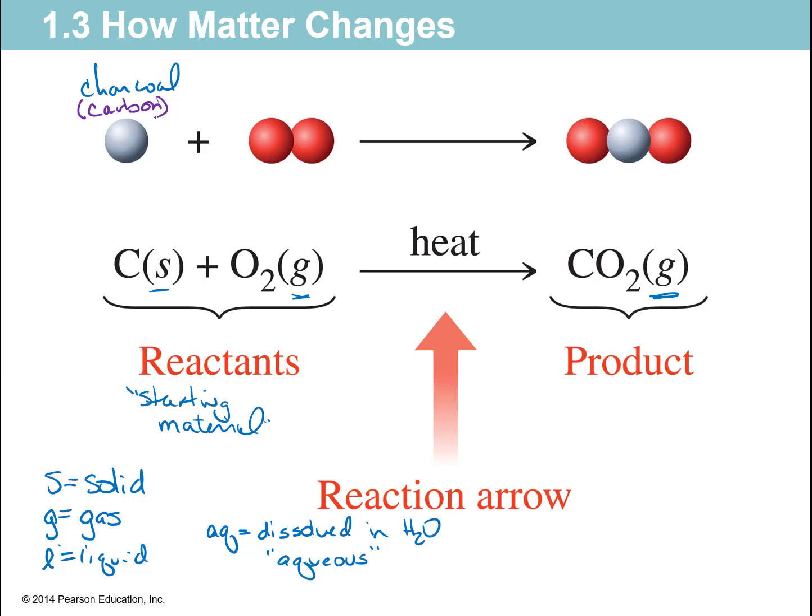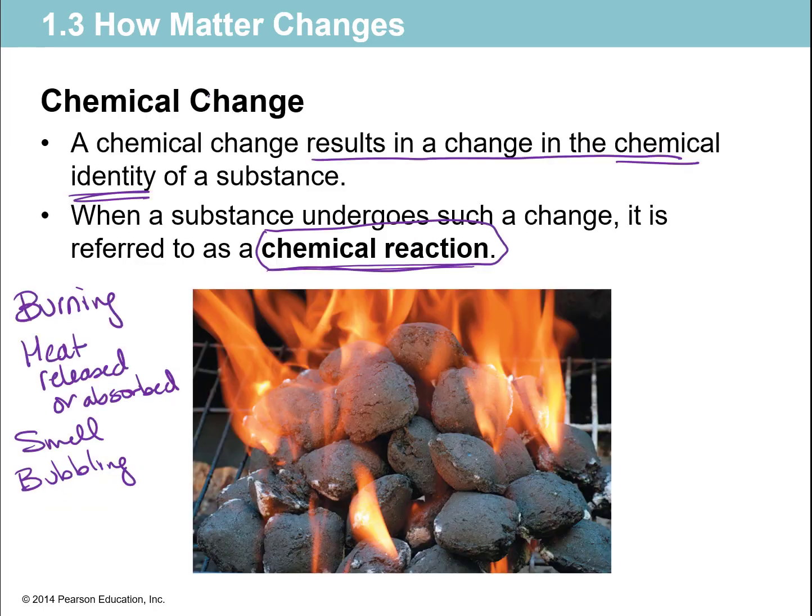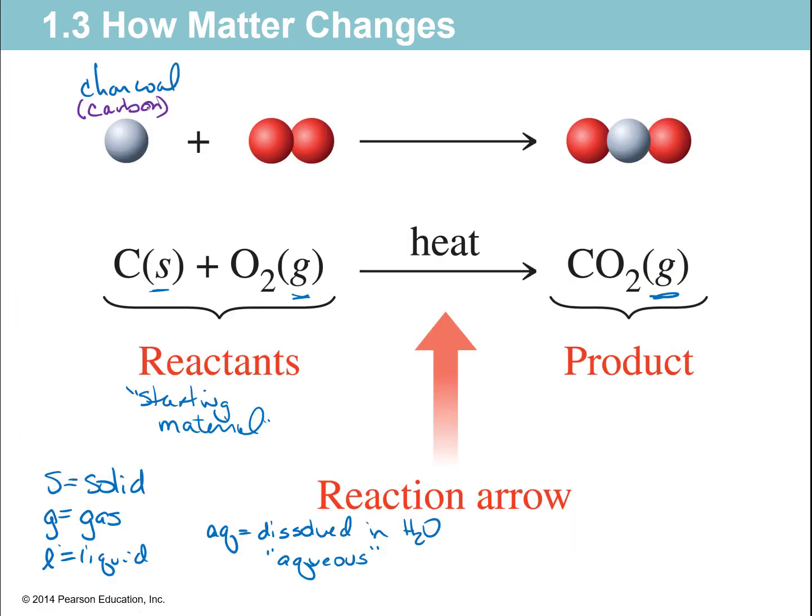And so what happens when you light charcoal, you're lighting carbon, and by adding that initial flame, that allows the carbon to combine with oxygen. So oxygen gas, which is in the air, will combine with the carbon, and it will form carbon dioxide gas.